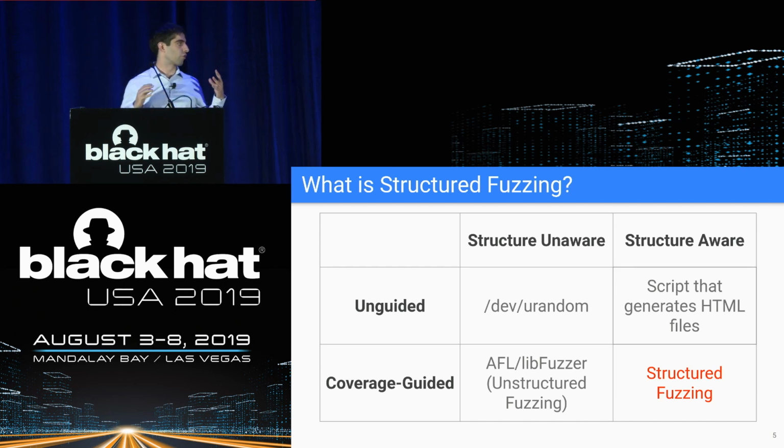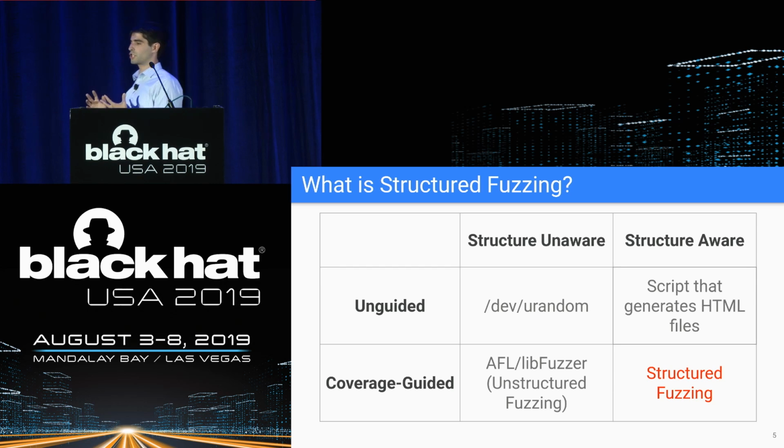Now, I think the current generation of fuzzers that most people are using are coverage-guided and unstructured. This is the technique that AFL pioneered and has sparked this fuzzing revolution that we're in currently. The reason AFL has had such a large effect is that unstructured fuzzing allows people to use it without understanding much about the format that they're fuzzing.